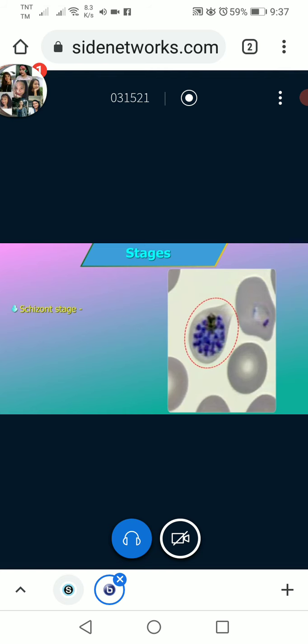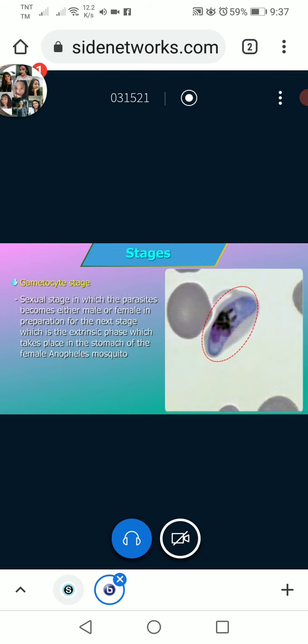Schizont stage. During the schizont stage, the malarial parasite starts to reproduce. This reproduction is referred to as asexual reproduction, as the parasite is neither male nor female but reproduces itself by simple division. Seen sometimes in P. vivax and P. malariae.